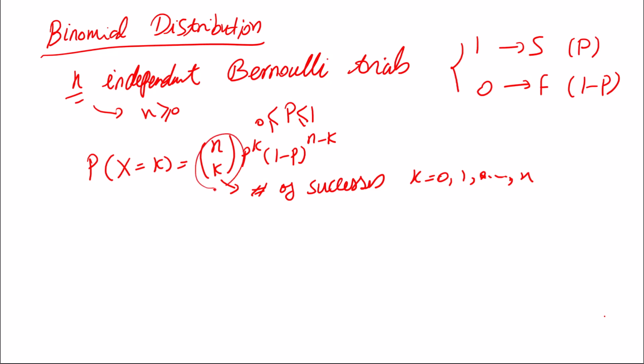And this n and k is a combination. So n choose k is equal to n factorial divided by k factorial times (n minus k) factorial. This is called the binomial coefficient.